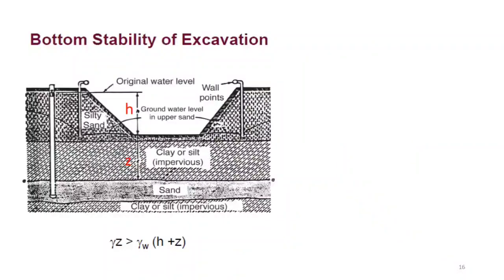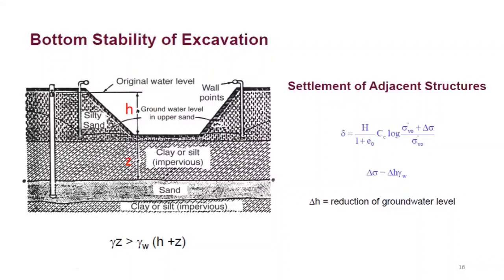Another point: whenever you are making deep excavations where groundwater tables are high, remember that we have to make sure that sand boiling or heaving of the bottom of the excavation does not happen, and the condition should be fulfilled to avoid sand boiling and other issues. Then, settlement of adjacent nearby structures.